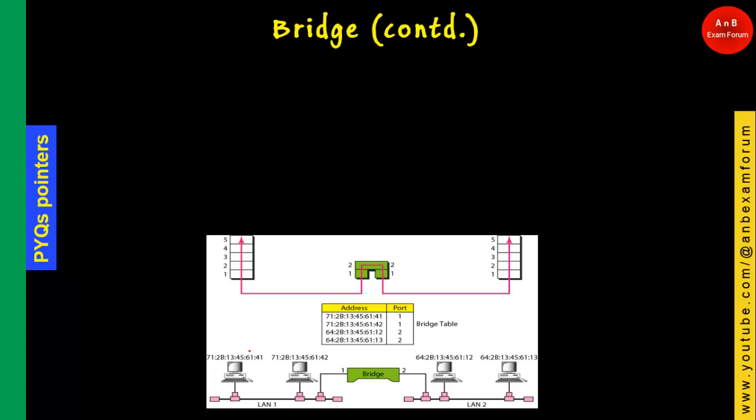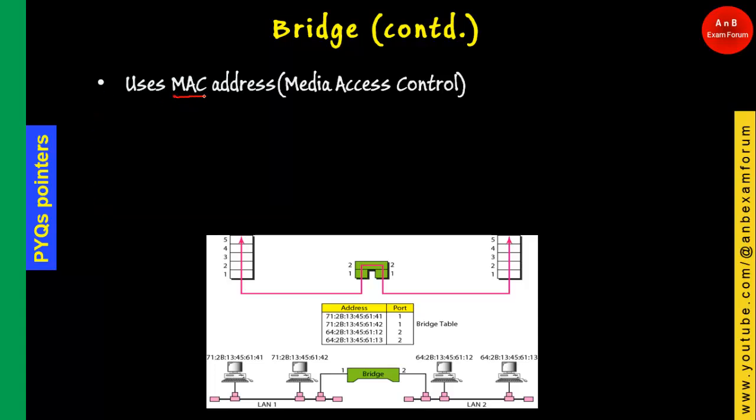Since it works at the data link layer, it is going to use the MAC address. What is MAC? MAC is media access control. So it is basically a data link address. I think it is a 48-bit, 6-byte address. It is a 6-byte address which identifies the hardware of the computer.